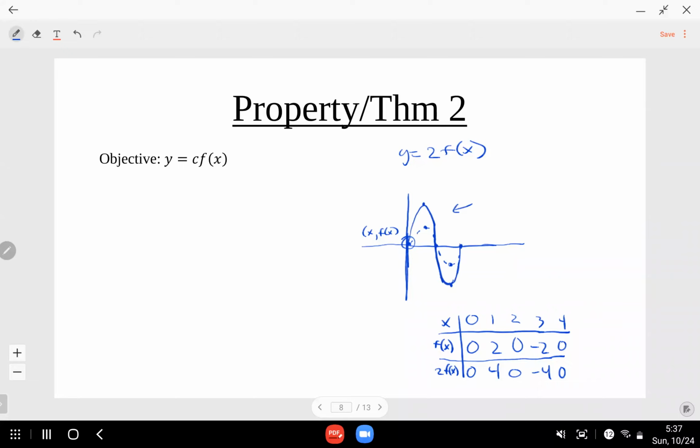This is our result. So our theorem is this.